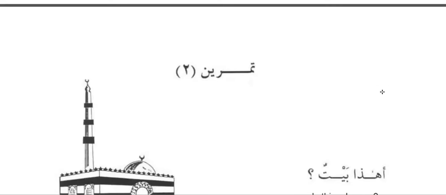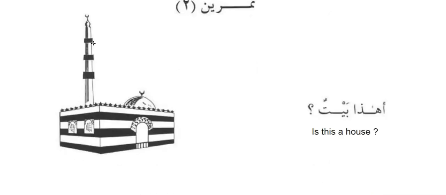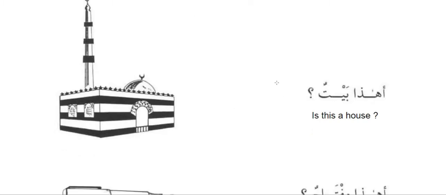التمرين الثاني, the second exercise. أهذا بيت؟ Your answer, if I were to ask you, pointing at this picture here, أهذا بيت? الجواب الصحيح أن تقول, the correct answer would be for you to say لا, هذا مسجد.